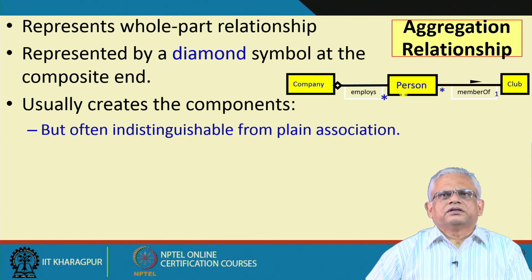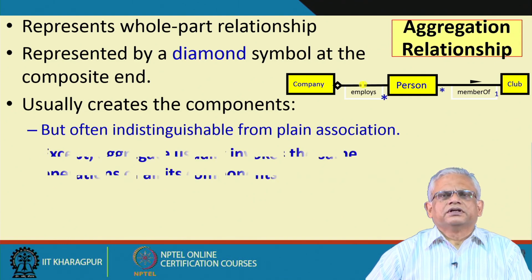Just see here, the person and the club, there is also a one-to-many association, but here the club does not create the person. The person is created by the company. The new is called by the company's method. New person is called by the person method of the company. But other than that, an aggregation is also an association and often indistinguishable.